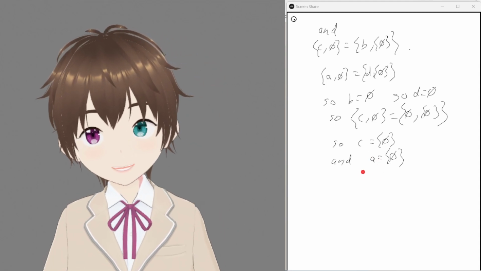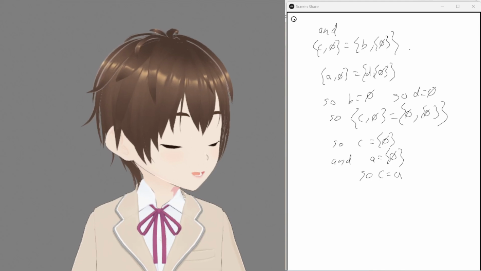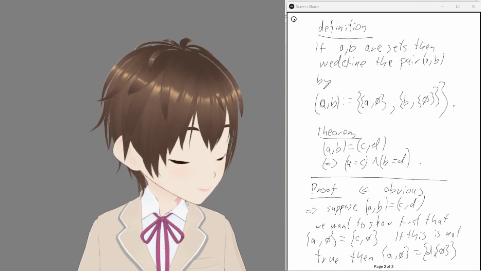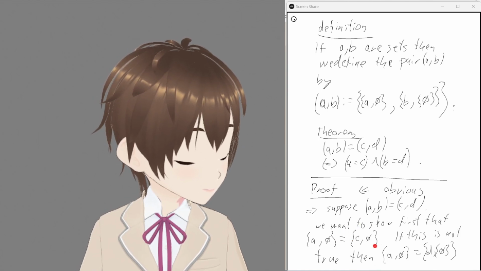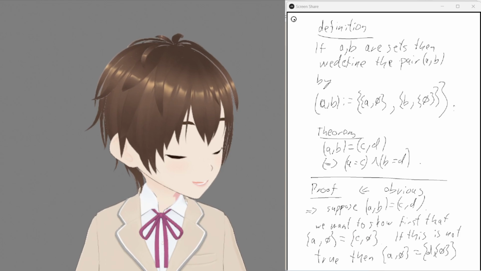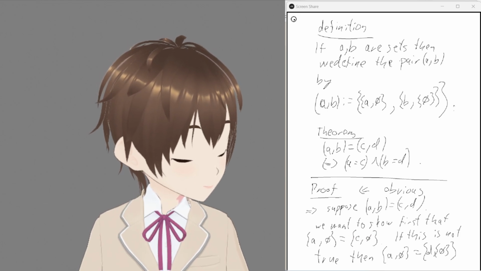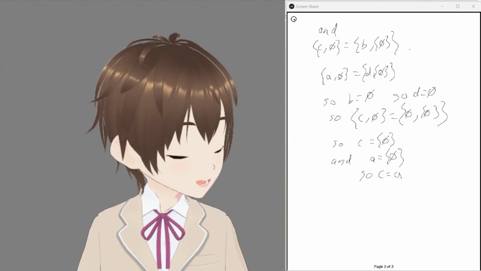Which means C equals A, which is what I wanted to show a second ago. So in this situation, I know that C equals A, and in particular, these sets are equal. In fact, that's stronger than what I wanted. I showed that C equals A directly.